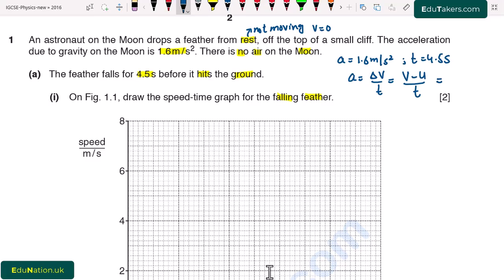As the feather is at rest initially, the initial speed will be equal to 0. I write here v minus 0 over t. So v will be equal to a multiplied by t. The acceleration is 1.6 meter per second square and time is 4.5. So the value of speed comes to be 7.2 meter per second.